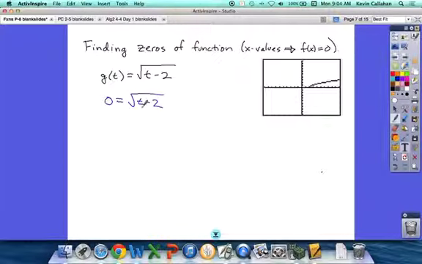Square root of 0 is 0. If you were going to solve it, you would square both sides, and you get 0 equals t minus 2. T equals 2. So the 0 is 2. If you looked at it on the graph, you should be able to kind of eyeball that and tell. It looks like it's at 0.